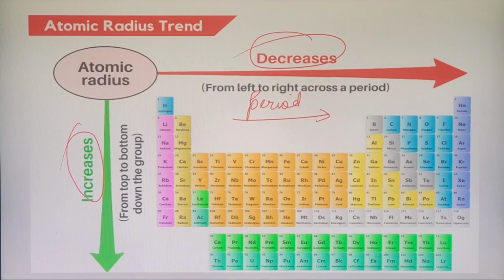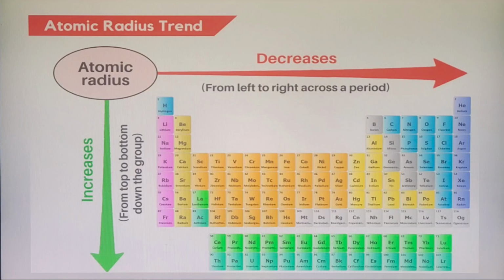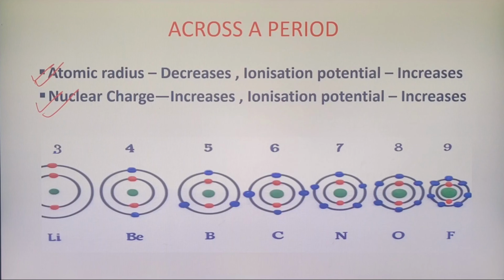Clear? So please keep this in your mind when you are starting with ionization energy. Left to right it decreases and top to bottom it increases. Now let's look into it. The first of the two factors is atomic size. We know from left to right the atomic size decreases.